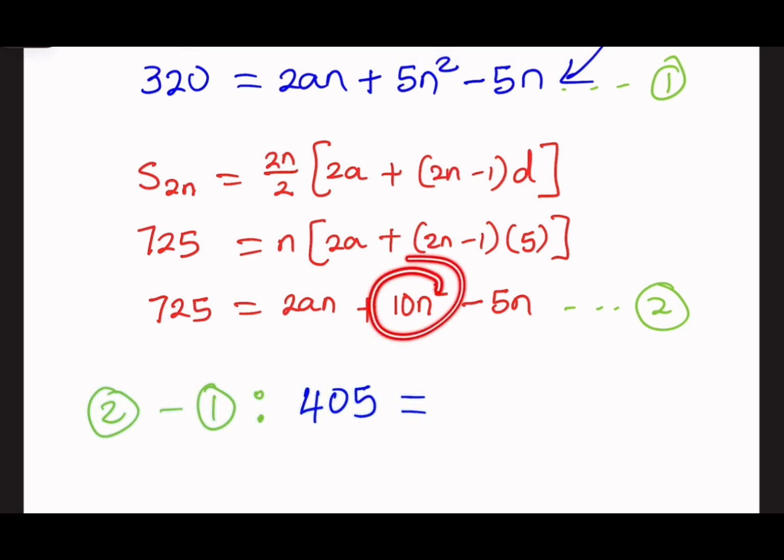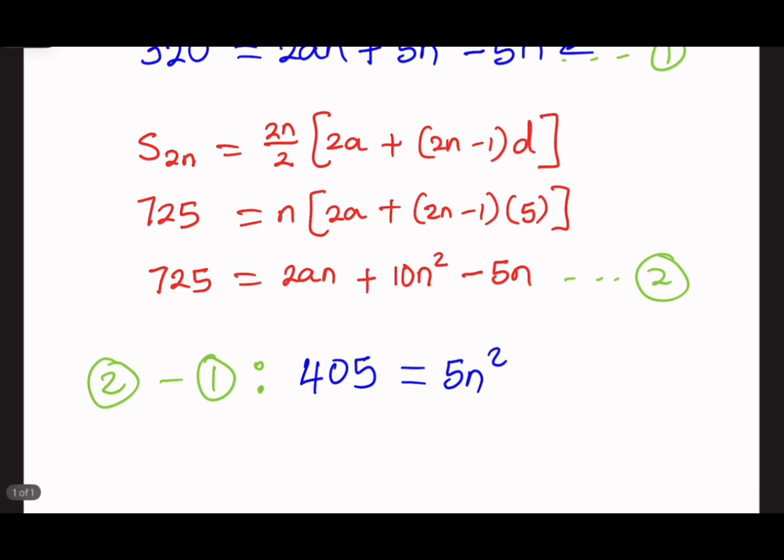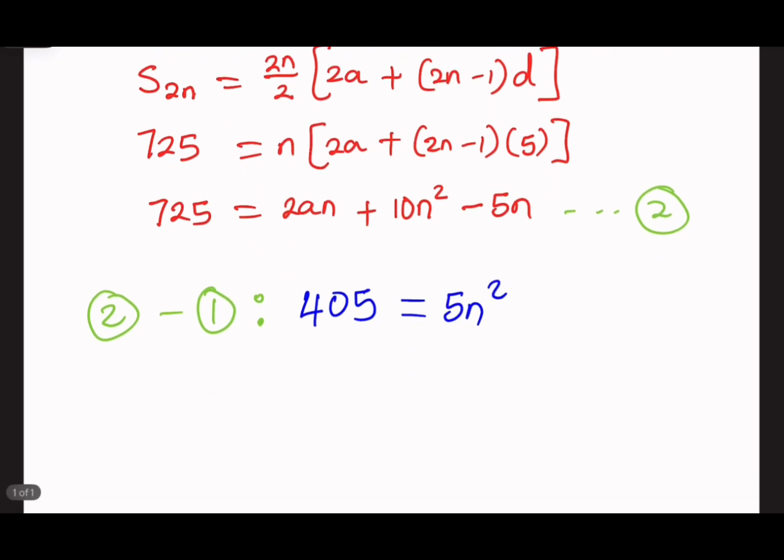So now 10n squared minus 5n squared is just 5n squared, and negative 5n minus negative 5n is 0, which makes it a lot simpler. We can now divide both sides by 5, giving us 81, and that's equal to n squared.